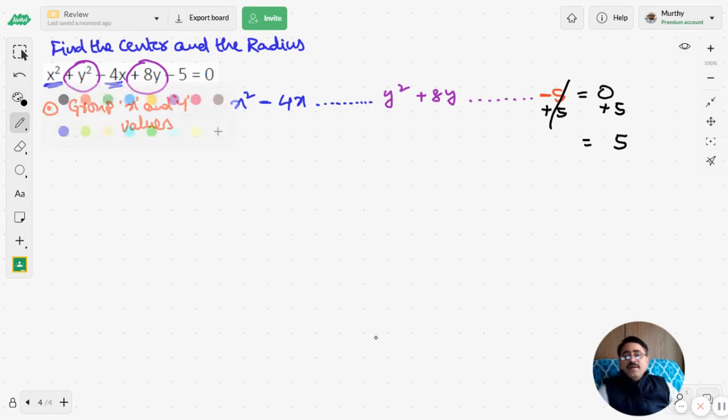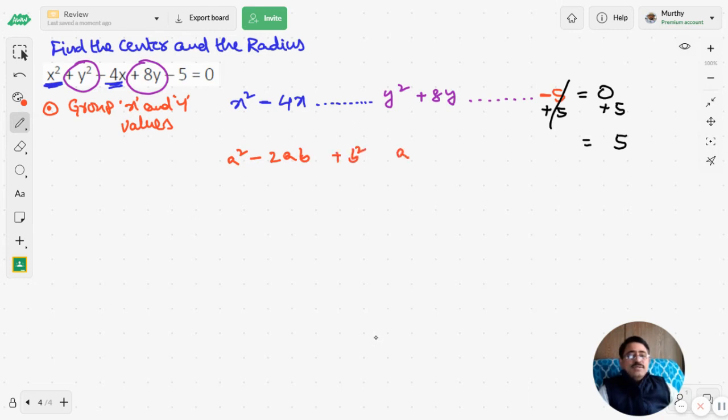The most important part is you have to think in terms of a square. Let me write a little down here. a square minus 2ab plus b square.